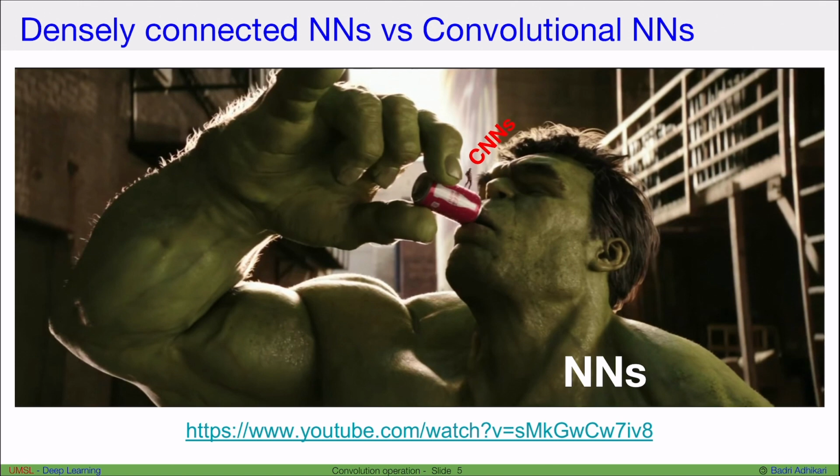The difference between convolutional neural networks and densely connected neural networks can be summarized using this YouTube ad of Coca-Cola. Here, the Ant-Man can be compared to a CNN, and the Hulk can be compared to a neural network.